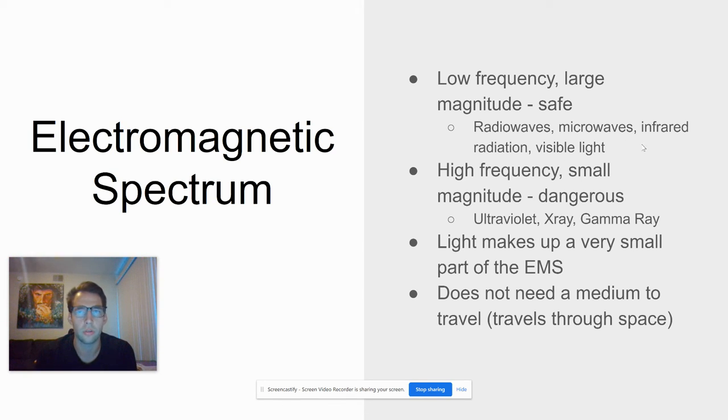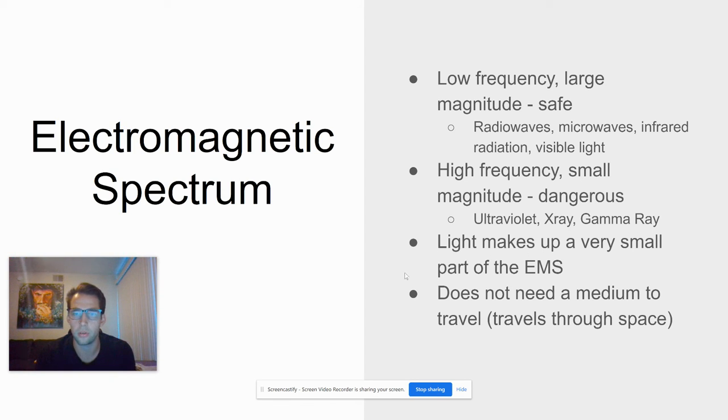So these are roughly safe with some caveats. The higher the frequency, smaller wavelength, you're going to have more dangerous. So UV, ultraviolet radiation is going to cause sunburns, which lead to different types of cancers. So then you have X-rays, which are also damaging to the cells of your body, and gamma rays, which are very, very high energy and very dangerous.